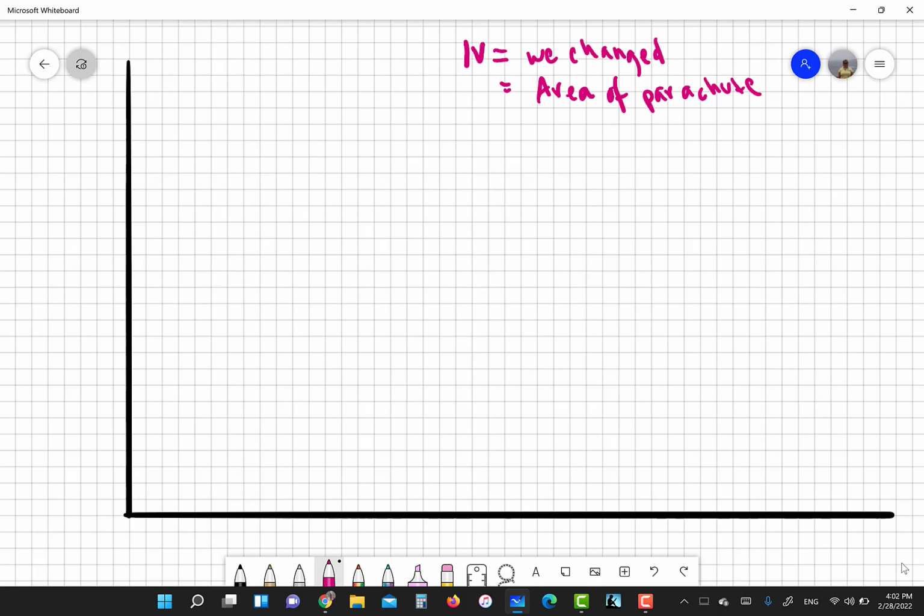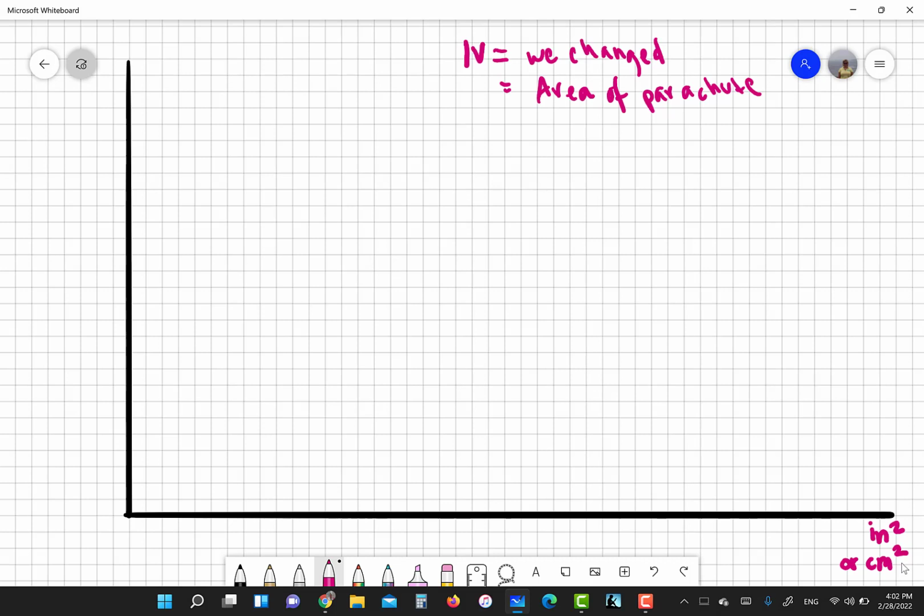These values will be different for every group because some people used centimeters and some people used inches. So it is important that you label so that I am aware of what units you used. You can just put that unit over on the corner of the x-axis, so you can write inches squared or centimeters squared, whichever one corresponds to your work, and you should have that in your data table.